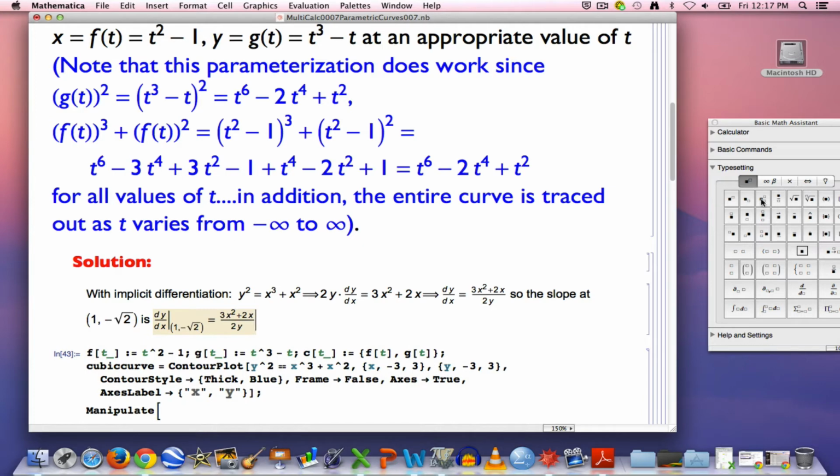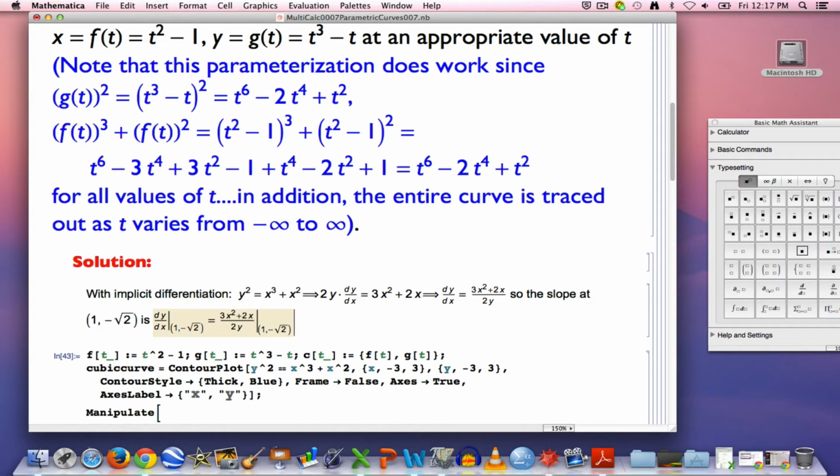I'm evaluating that expression at the given point. In other words, replace x with 1 and replace y with negative square root of 2. And you'll get (3 plus 2) divided by 2 times negative square root of 2. And that can be simplified to negative 5 over 2 times square root of 2.